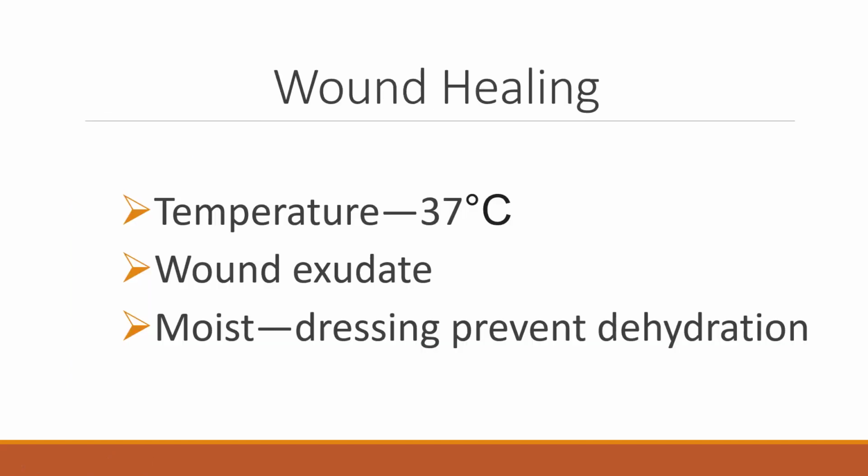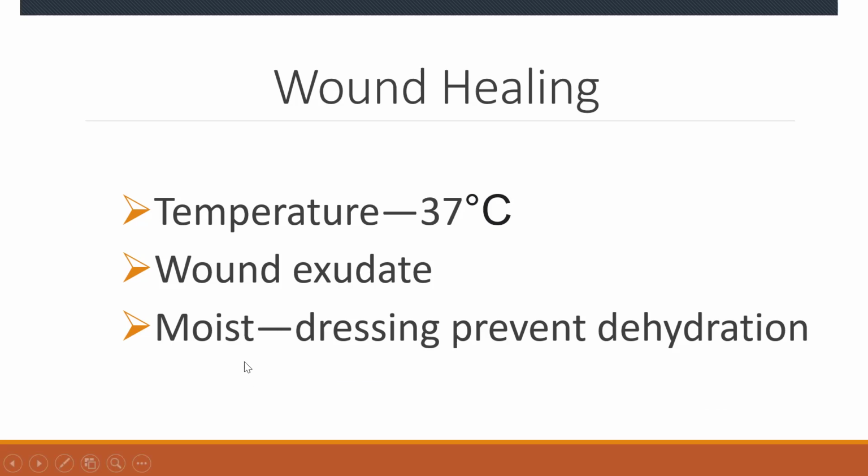So the best temperature is, how do you maintain the temperature at 37? Keeping warm is very important. And then how about the wound acidity? Sometimes the wound has some exudate, some pus. How do you handle it and remove it? And also the moist dressing can prevent dehydration; the dressing you use should be breathable. So how do you select a dressing?